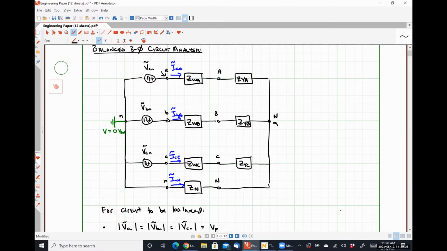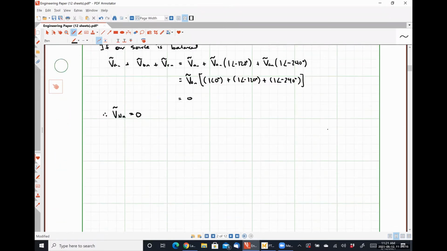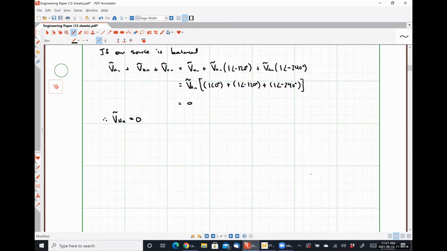If it's a short circuit, the voltage drop across it is 0 volts. If it's an open circuit, meaning it doesn't exist, there is no wire connecting the neutral side of the source to the neutral side of the load, the voltage drop is still 0, okay? That's very, very important, all right? So for a balanced three-phase system, we don't even have to have a neutral conductor at all, because if there's no voltage drop over it, there can be no current flowing through it either, okay? So let's go ahead and explicitly state that as well.